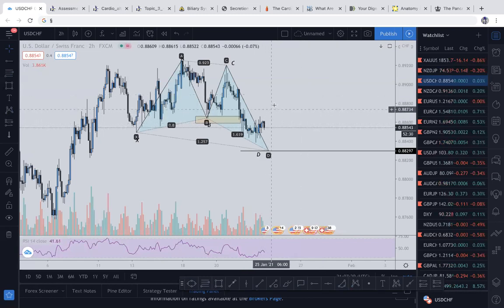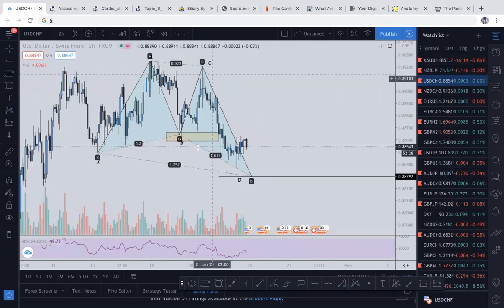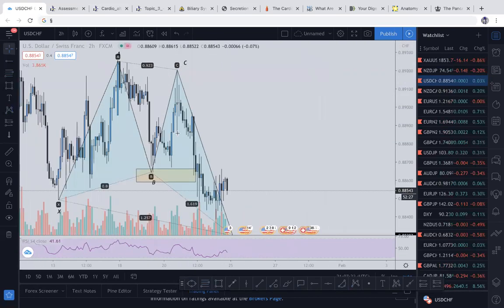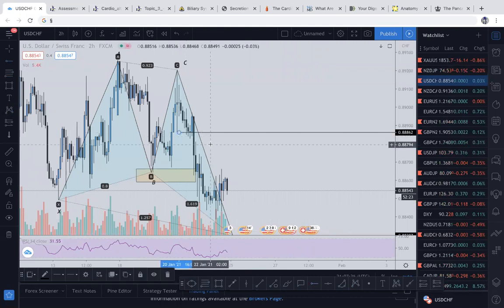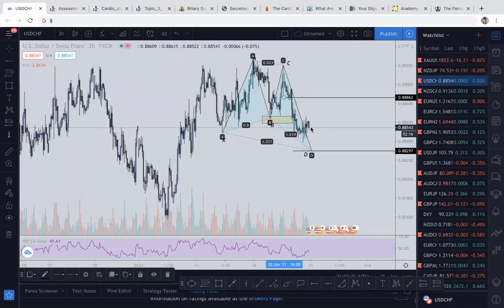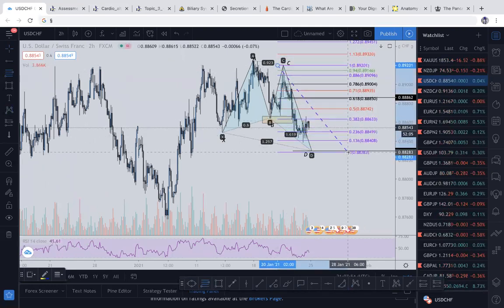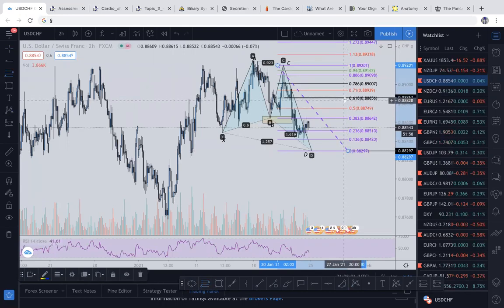If we see price reverse from here already, we know that there is an institutional candlestick sitting here. For those that do not know what an institutional candlestick is, we know that this area is an area of imbalance. We know that price is most likely going to come around this area and drop back into our D area. However, if I pull my fib from the C leg to the D leg, look at the price area where that institutional candlestick is lining up.